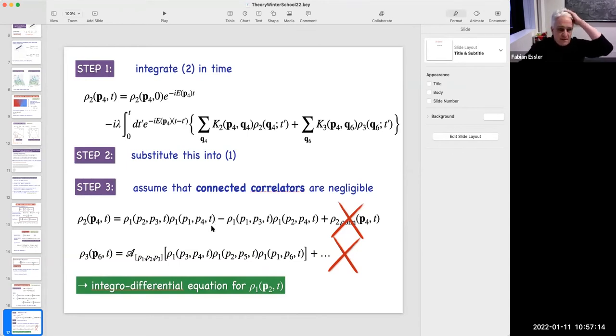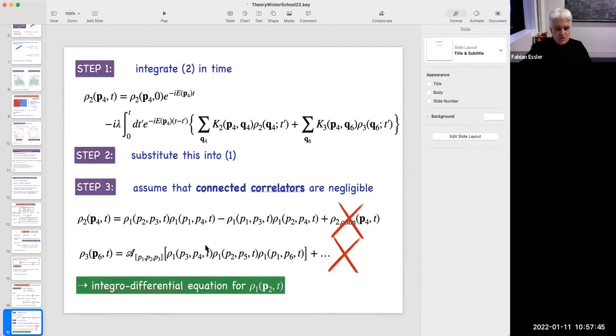And the three-particle reduced density matrix also will have a piece that involves only products of single particle reduced density matrices. This denotes some antisymmetrization in these momenta, and then plus other pieces, but they always involve connected correlations, and these connected correlations are assumed to be small.